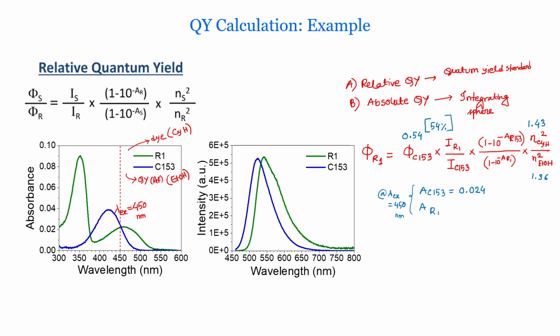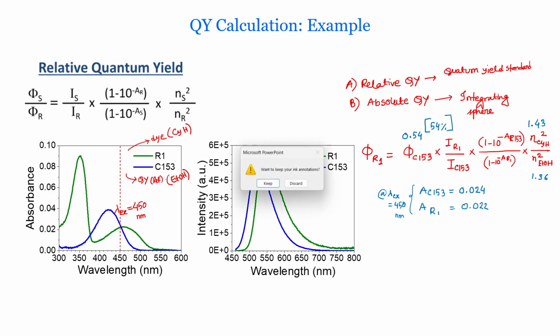And what about R1? 0.022. It is best to keep the values near or similar. Bringing them exactly equal is very difficult, but we have to make sure they are at least close. Okay, the values. And what we are left with are the intensities, right?